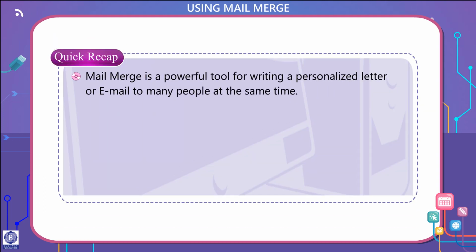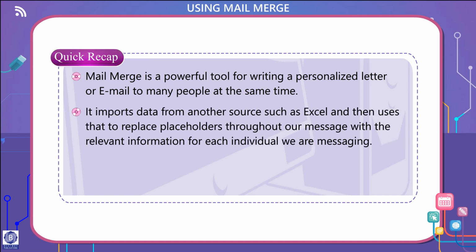Quick recap. Mail Merge is a powerful tool for writing a personalized letter or email to many people at the same time. It imports data from another source such as Excel and then uses that to replace placeholders throughout our message with the relevant information for each individual we are messaging.